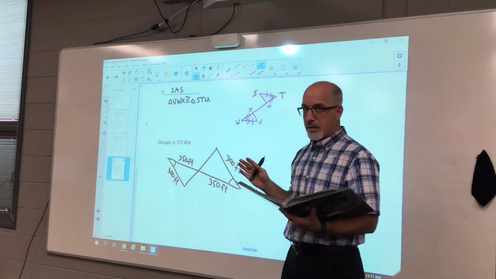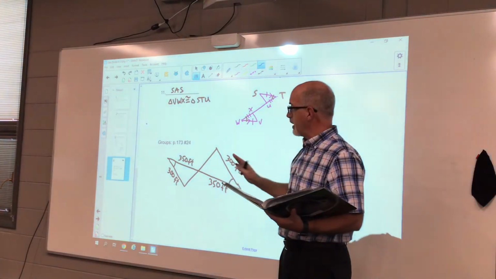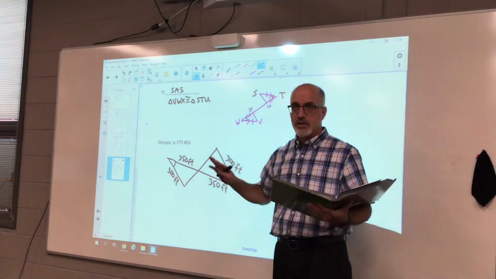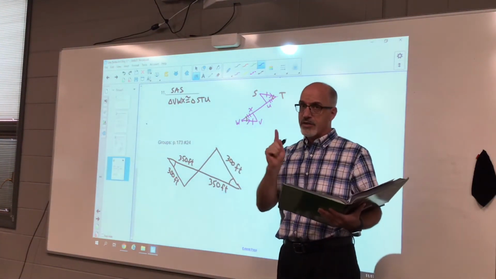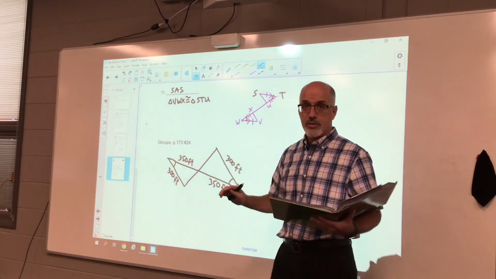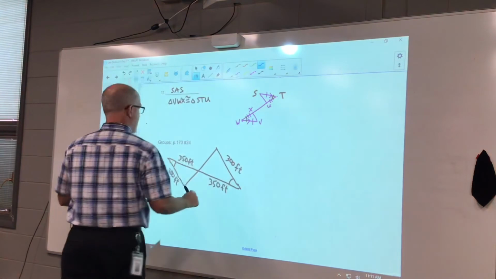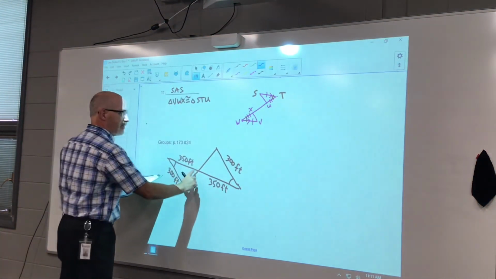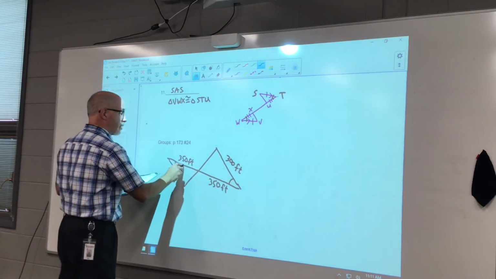So when doing this problem, just so you know, we're going to reason it through. I left off one piece of information so we could see the first step is identifying that these two triangles are congruent. Notice it lists here that this side is 350 and this one is, so these two are congruent.